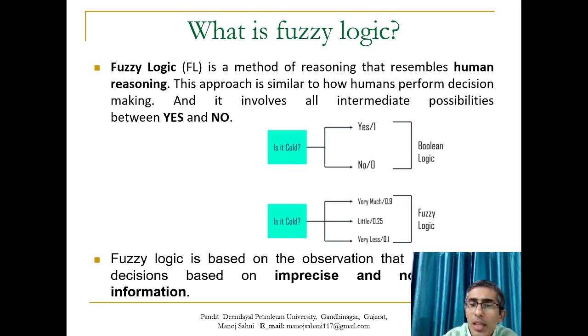You can also define membership values between very much and little. This is a fuzzy way of thinking, which is very near to human thinking. It is always imprecise, not exact, and it cannot be exact, but it is very similar to human thinking. That is why it is acceptable to the research community.